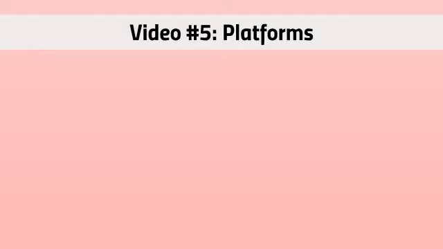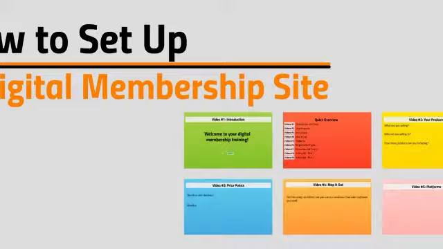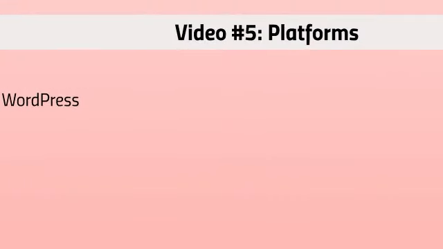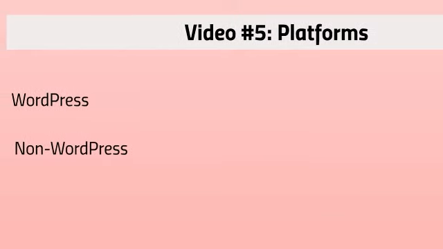A lot of the membership scripts nowadays have WordPress plugins or even non-WordPress plugins. So you really have to think about what your main site is going to be using. I would say the majority of you will stick with WordPress, just because the majority of themes out there are made for WordPress.